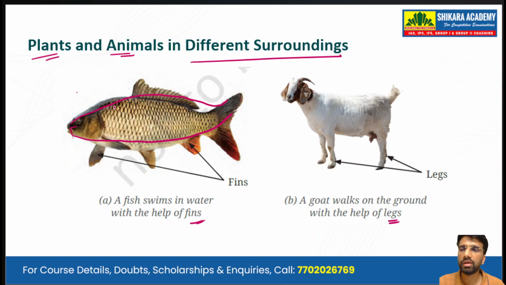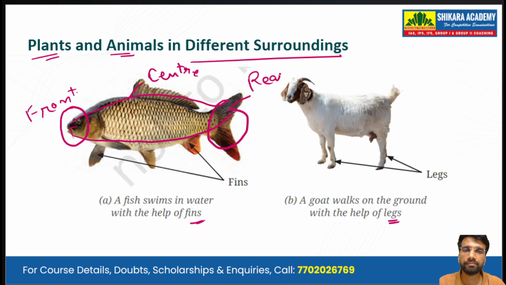A streamlined body is a shape that is narrow at the front, thicker in the center, and again it tapers or narrows down in the rear. The goats live in grassy areas, so they move with the help of their legs. Fish move with the help of fins. They have a streamlined body and they move with the help of fins.